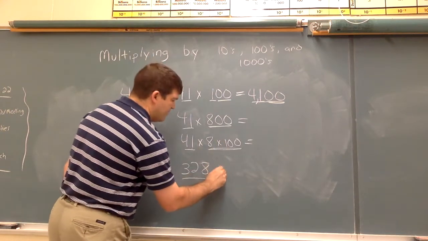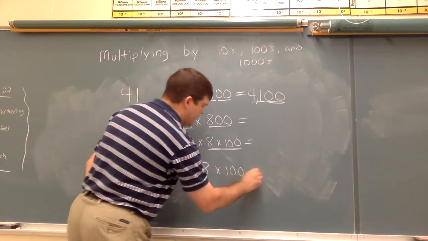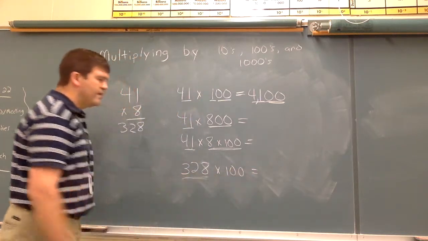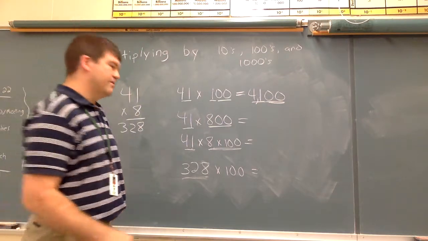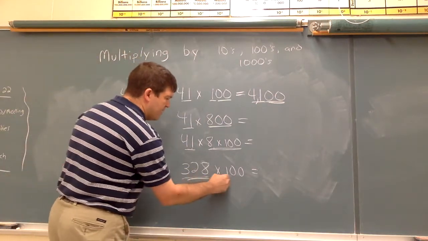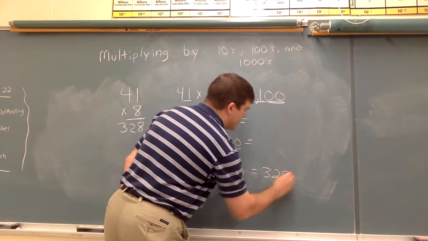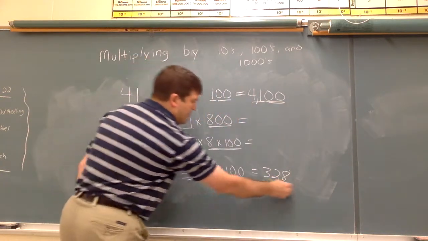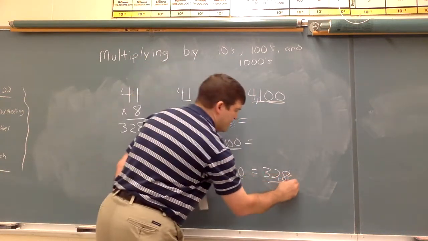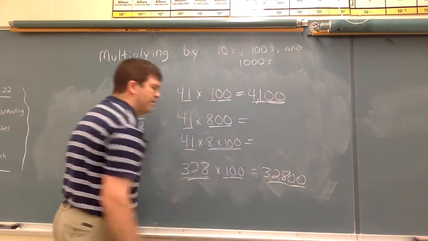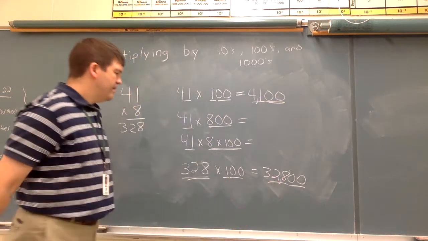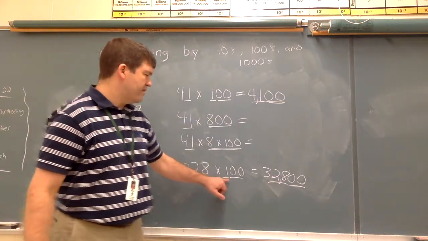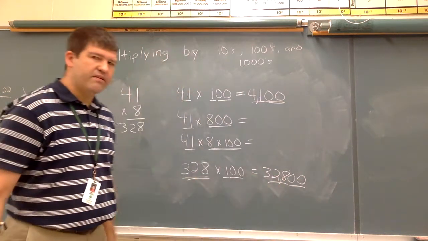Okay, and then times 100 equals. Now I'm down to that problem where it's times 1 and then I add the zeros. So 328 times 1 is 328. But I have these two zeros, so I put those there. Everything matches up. So now I go my comma there. 328 times 100 equals 32,800.